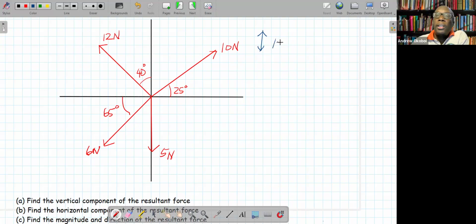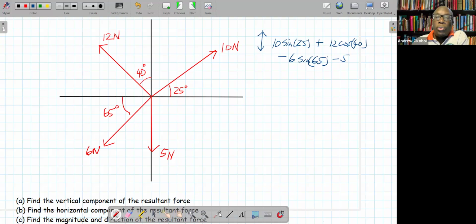So I'm going to say 10 sine 25, which is my first force here, plus 12 cos 40 degrees, which is up, and then I'm going to subtract 6 sine 65 minus 5.